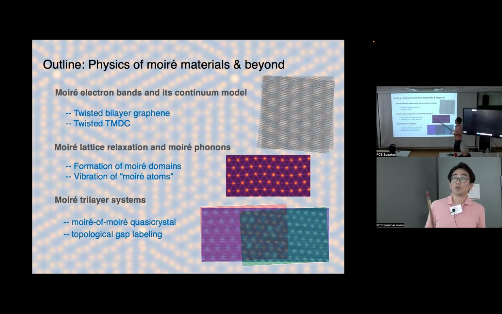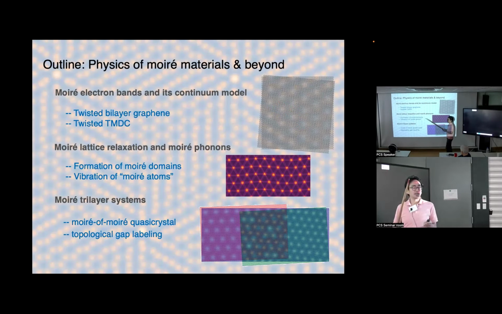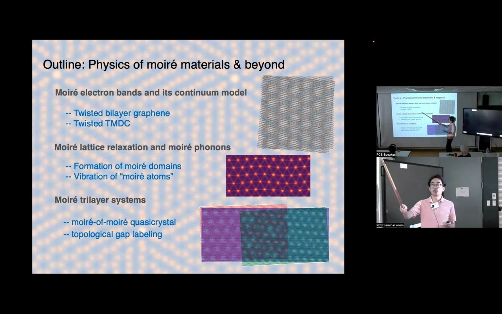This is called the continuum model. I'll show an example band calculation with a twisted bilayer. And I also talk about lattice relaxation of the system, which is very important for the electronic structure as well. Last, this is our recent work: I talk about trilayer systems. What happens with three layers?